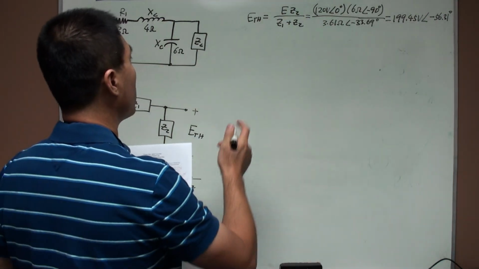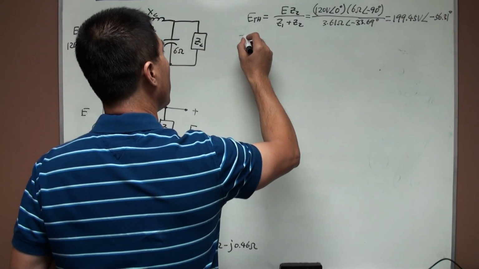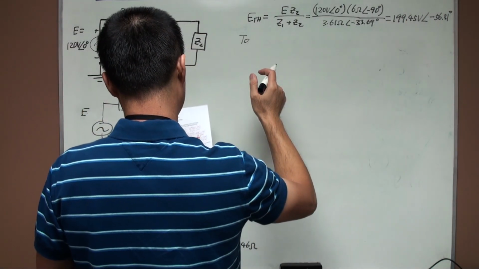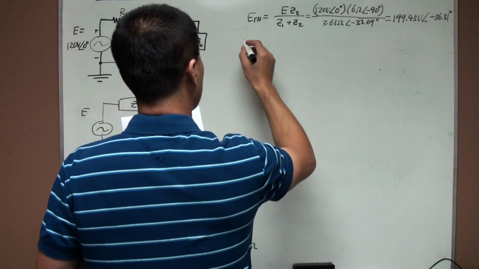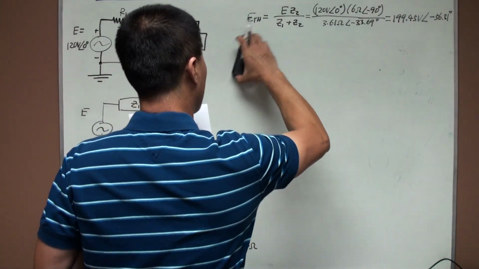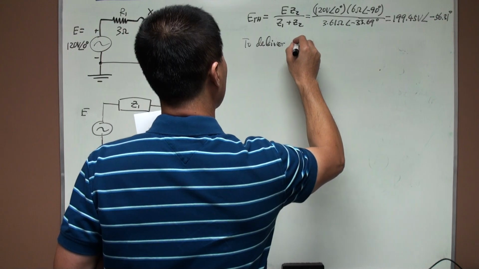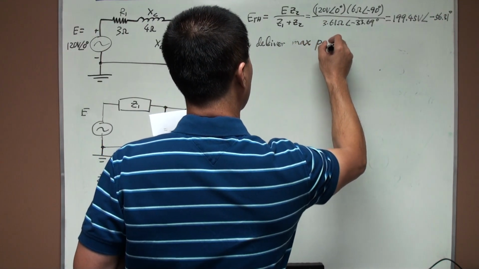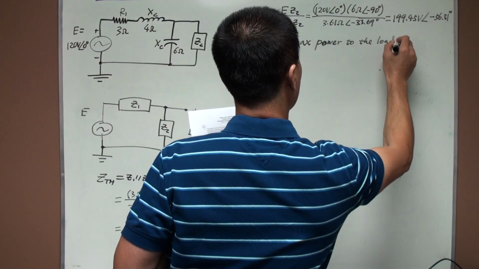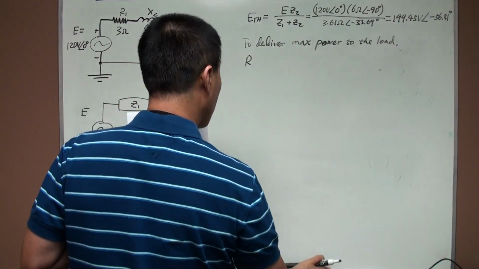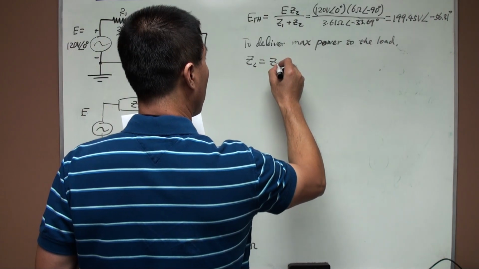To deliver maximum power to the load, ZL, the impedance of the load, must be the conjugate of ZTH.